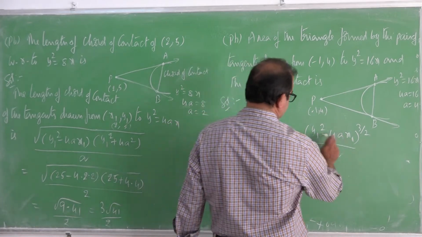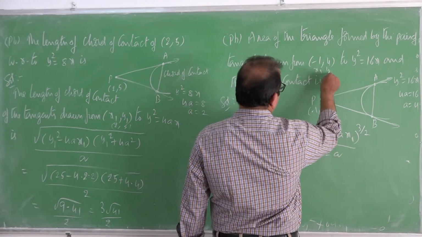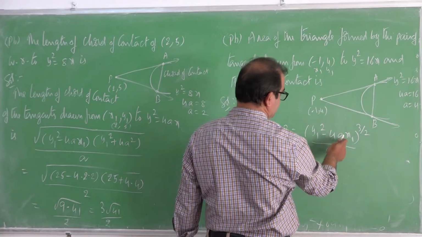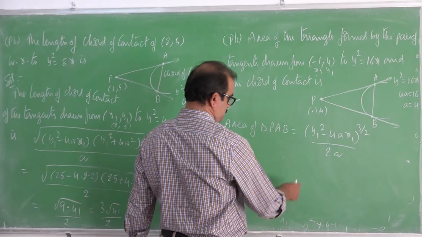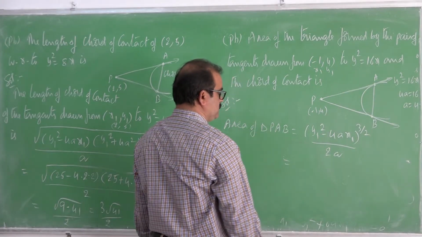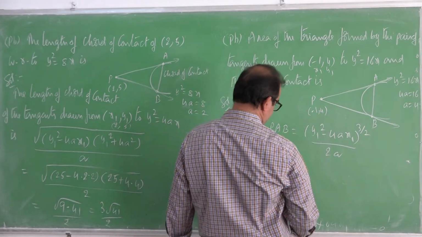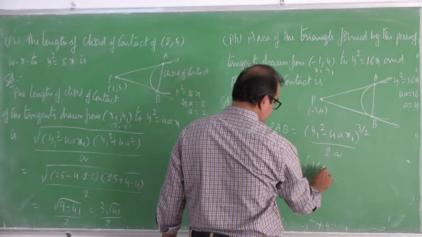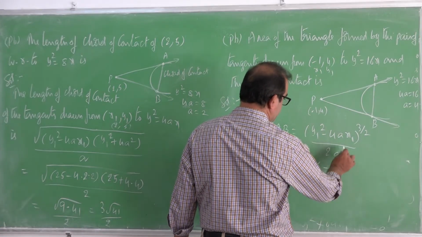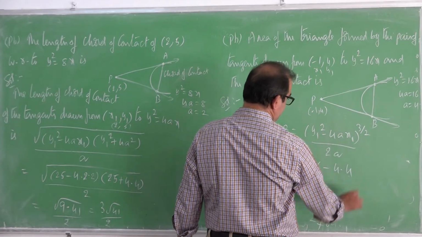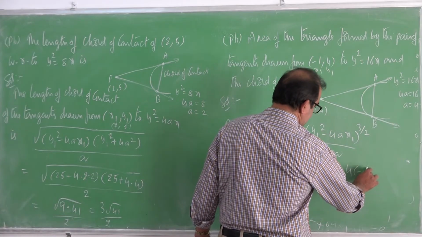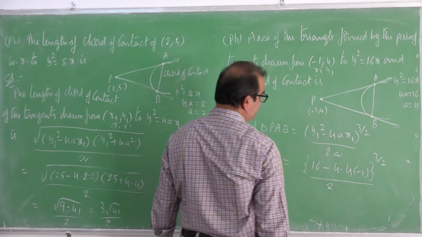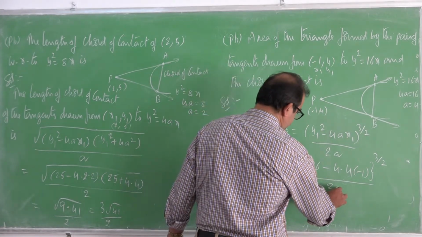In this, what is x1, y1? The given point: x1 is -1, y1 is 4. What is the value of a? a is equal to 4. Substitute those values in this formula. y1 square, what is y1? 4. y1 square is 16, minus 4 into a, 4, into x1, x1 is -1, whole to the power of 3/2 by 2 into a, which is 4.